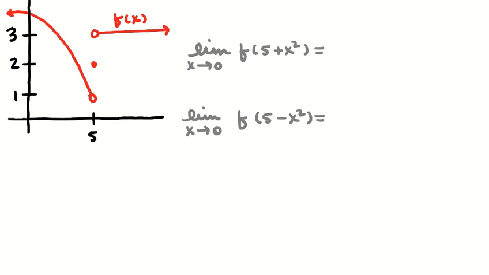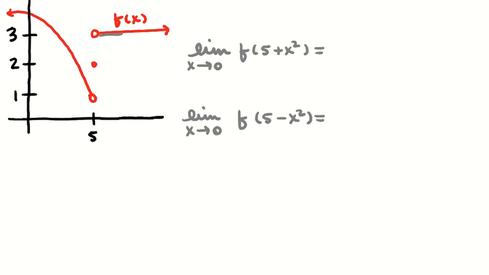But upon closer inspection, if you put in a small positive number for x, 5 plus x squared is going to be just a little bit bigger than 5. So you're going to be approaching 5 from the positive side, and it's going to be going towards 3.